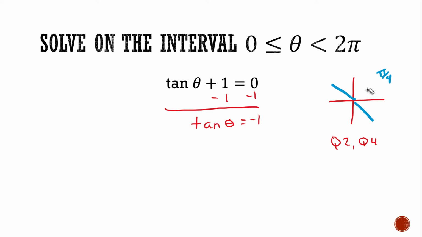All right, so let's figure out what our angles are. So remember, we're starting with pi over 4, and we count. So this is pi over 4, 2 pi over 4, 3 pi over 4. So that's one of them, 3 pi over 4.